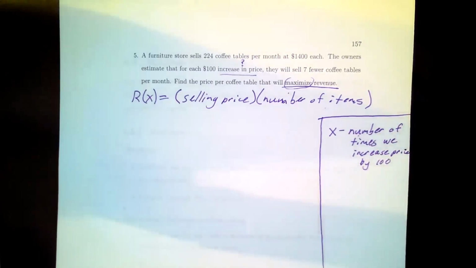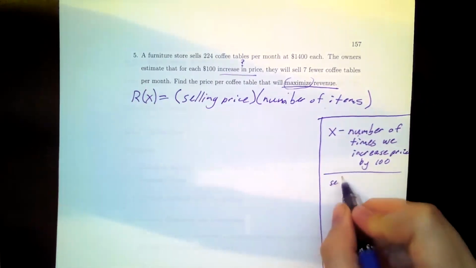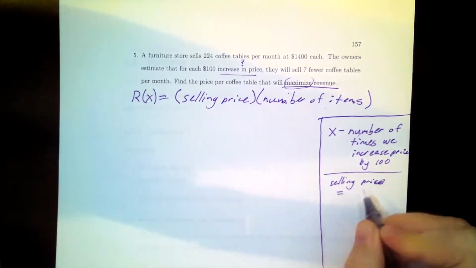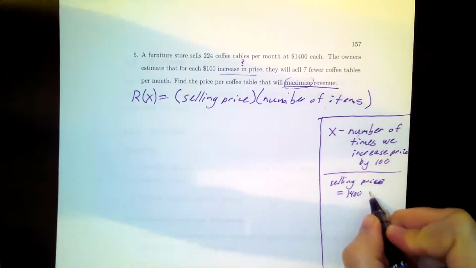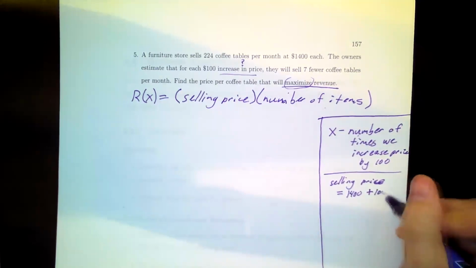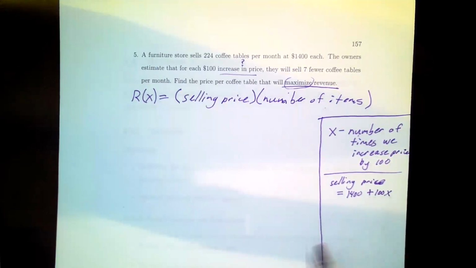If x is the number of price increases, what happens to the selling price? It starts at $1,400, and we increase the price, so a plus sign, $100 for each increase, which is x. $100 per price increase, where x is the number of price increases.